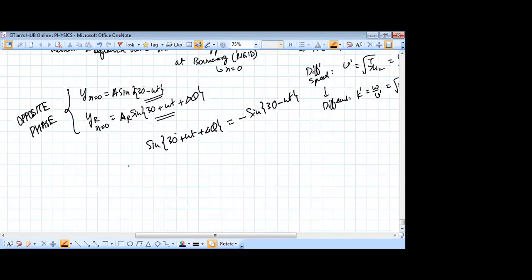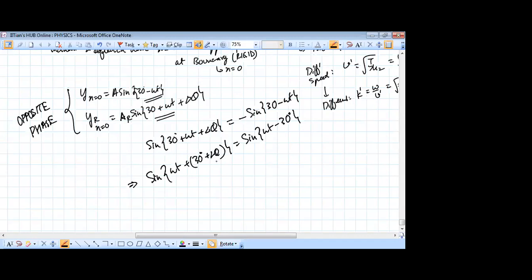So basically what I'm saying here is that sine of omega t plus 30 degrees plus delta phi, whatever this delta phi is, should be, now take the minus sign inside, so this becomes sine omega t minus 30 degrees, like this. Okay. So sine omega t plus something is equal to sine omega t minus 30.